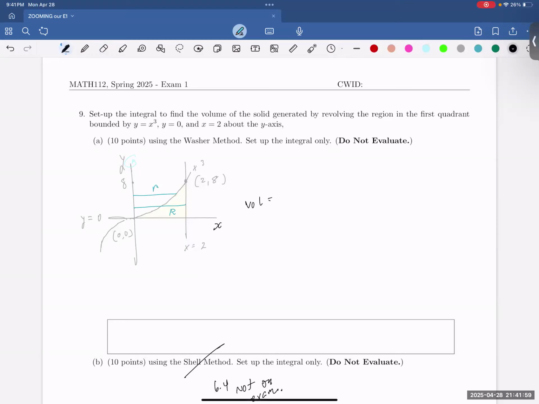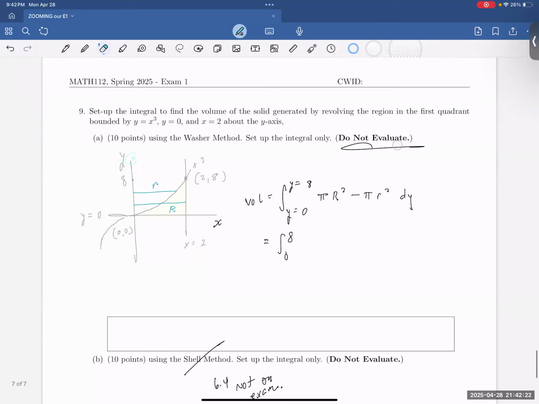Volume will be our y values. So the bounds on our region are y equals 0 to y equals 8. And it's pi big radius squared minus pi little radius squared dy. And it's set up, don't evaluate.